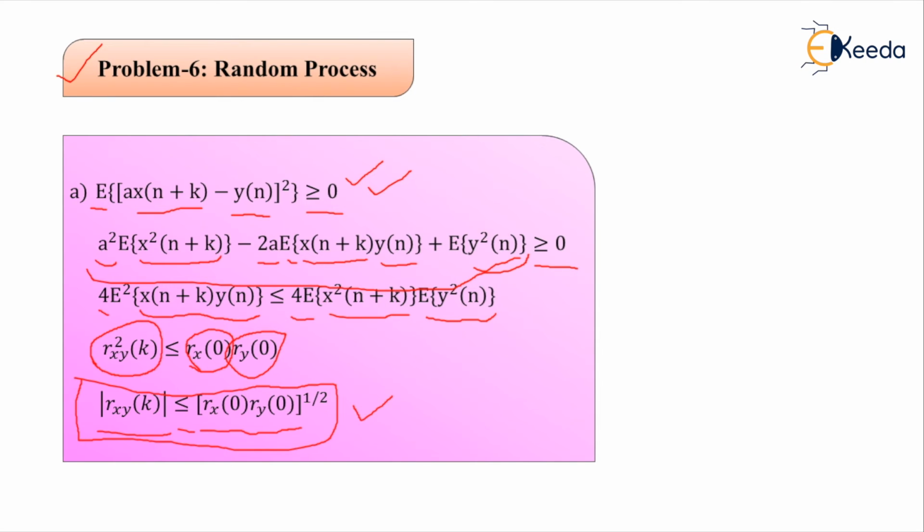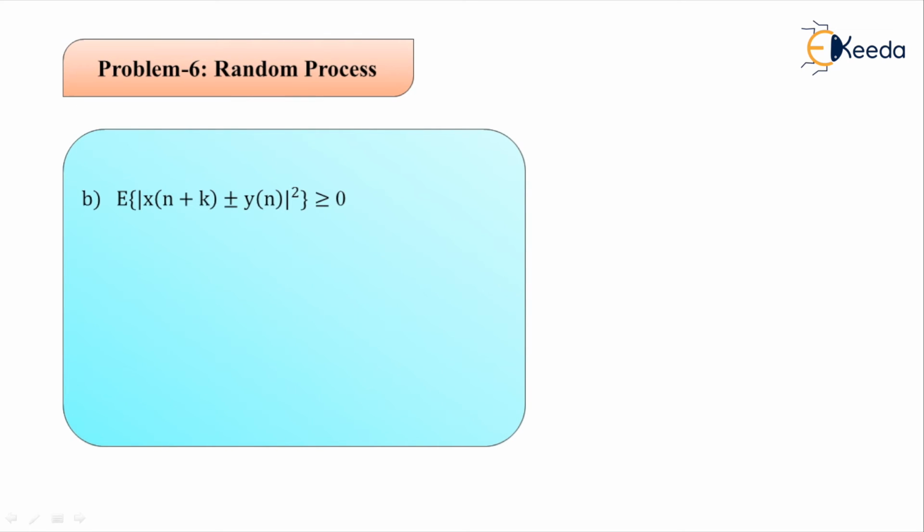Now moving further to prove the second inequality. We begin again with the knowledge that the two random processes x of n and y of n are jointly wide sense stationary random processes. We write the expression for the expected value of the square of the mod of x of n plus k plus or minus y of n. This expected value is always greater than or equal to 0, a non-negative.